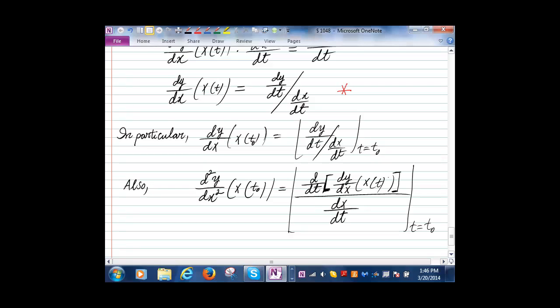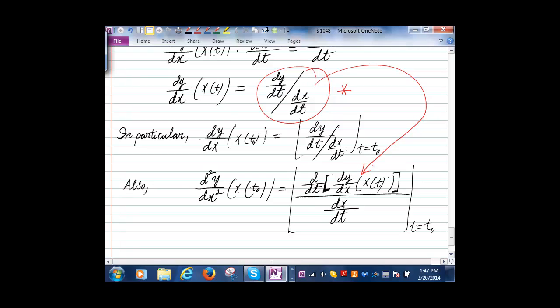So we obtained the derivative of y with respect to x evaluated at x of t. And that quantity goes right here. So whatever you found in star, that's what is coming here. So this quantity that I have here, that is what's going right here.